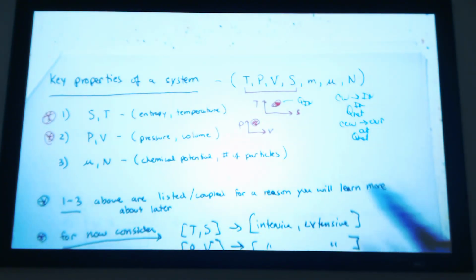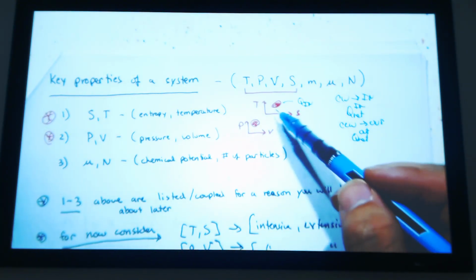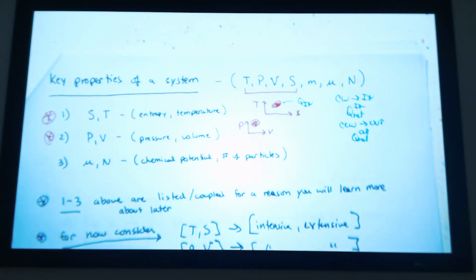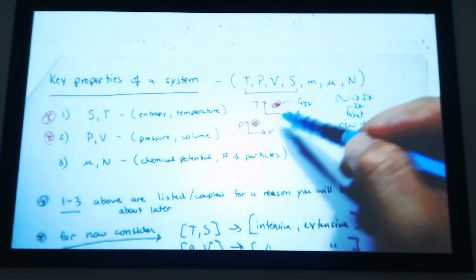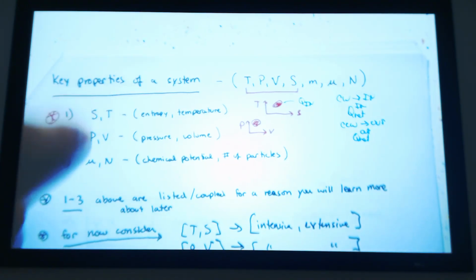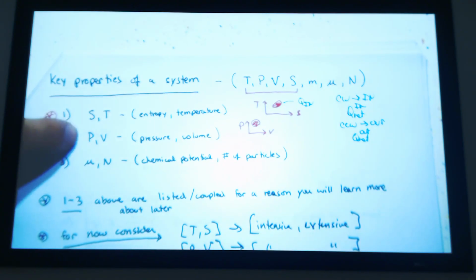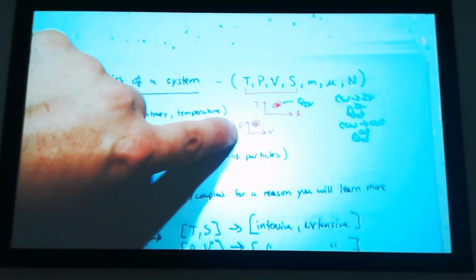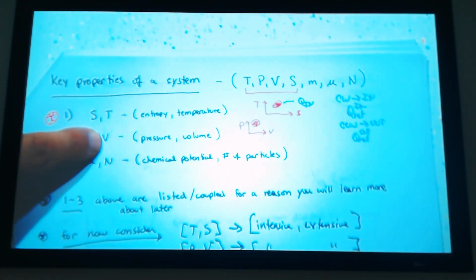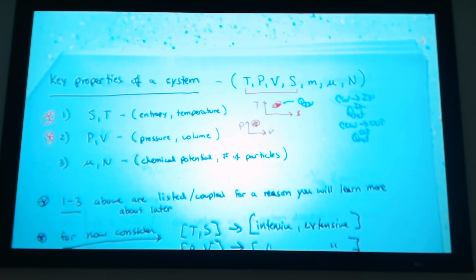I have another approach for that, but if I have a cycle, then the net heat in is equal to net work out. But anyways, I wanted to really focus on the idea that intensive, and I just showed an example of a PV diagram where I couple an intensive with an extensive property, and then the area under the curve in that type of diagram has some very fruitful meaning.